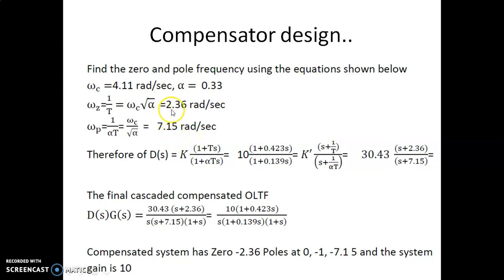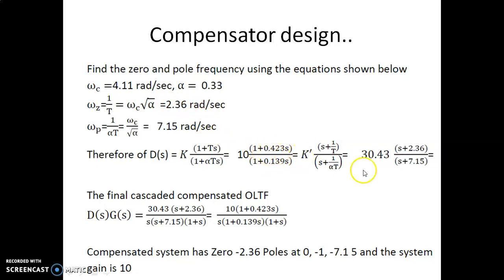Since we know the position of the pole and zero, we can incorporate these two values into the transfer function, because now you can see this is the pole-zero representation of the transfer function of the compensator network. Since we already had the value of K as 10, now this is the time constant representation. This is 1 over 2.36, this is 1 over 7.15.